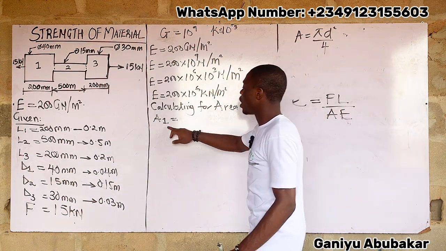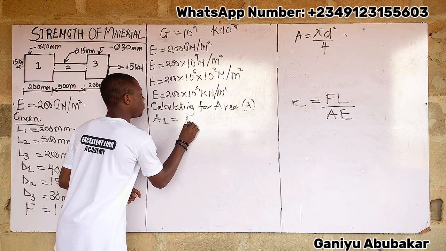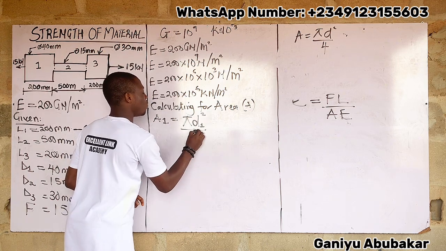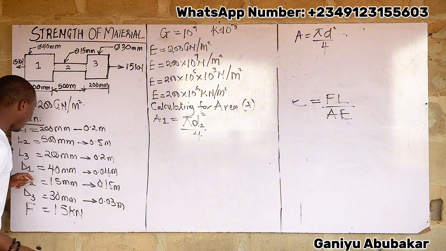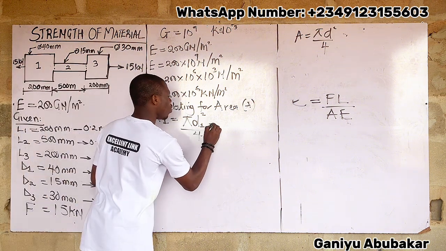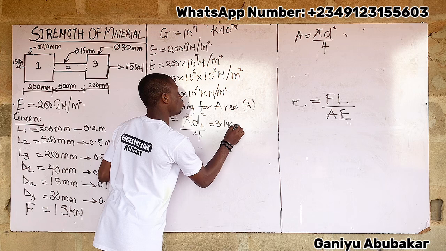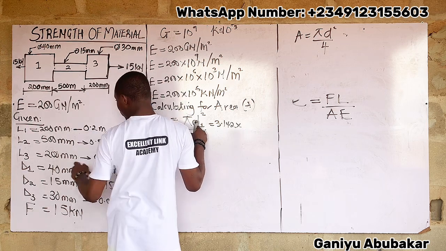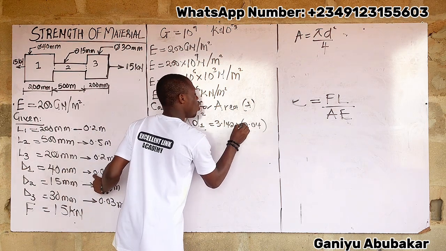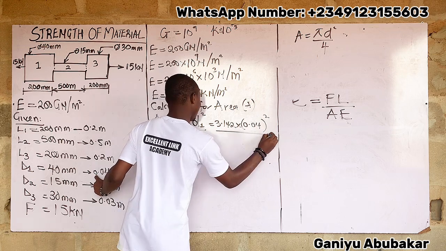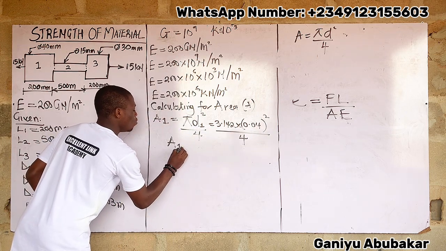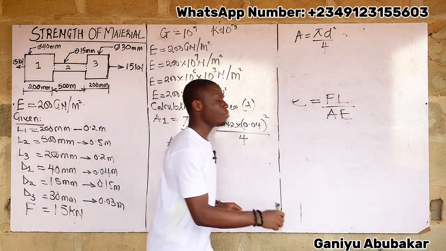So for section 1, that becomes pi d1 squared over 4. This becomes 3.142 times diameter of section 1, which is 0.04, all squared, all over 4.